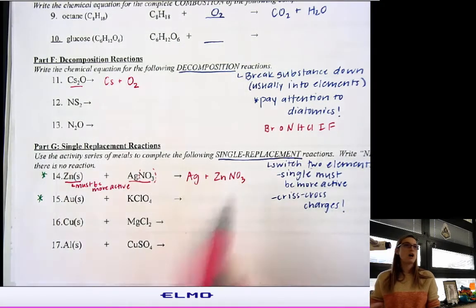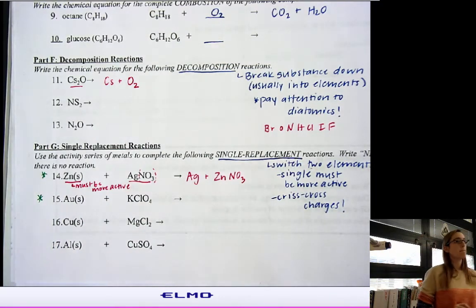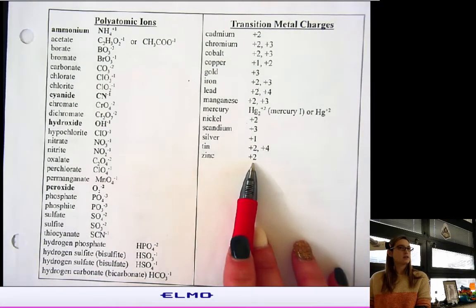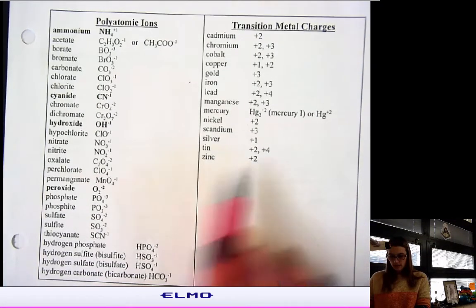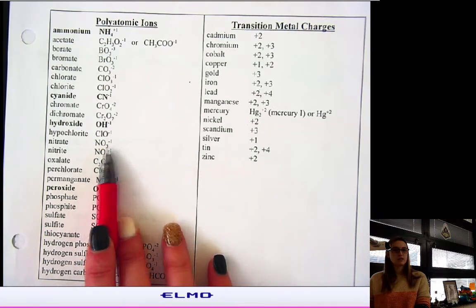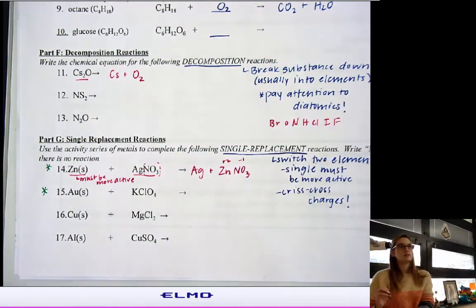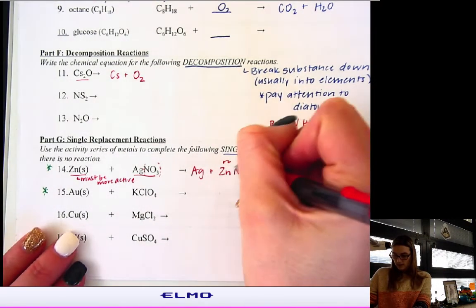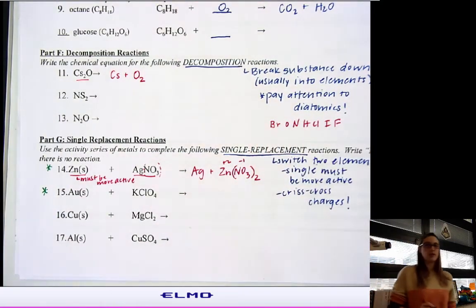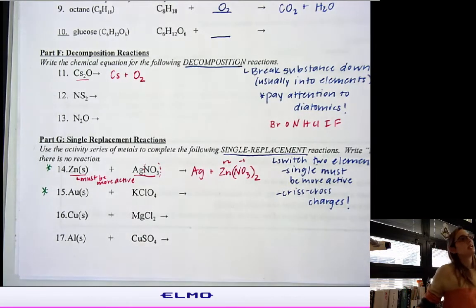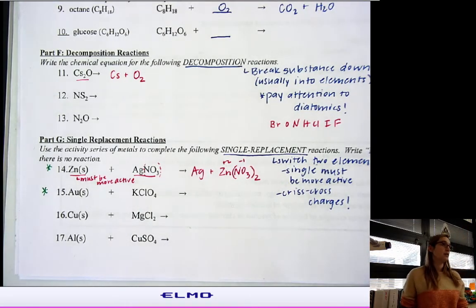When you form a new compound, look at charges. On our polyatomic ion list, we have the charge of zinc, +2, and the charge of nitrate, NO3, -1. So when we look at this, zinc is +2, NO3 is -1. They're going to crisscross. Put NO3 in parentheses with a 2 down here. So since zinc was more active, it kicked silver out. Now silver's on its own.